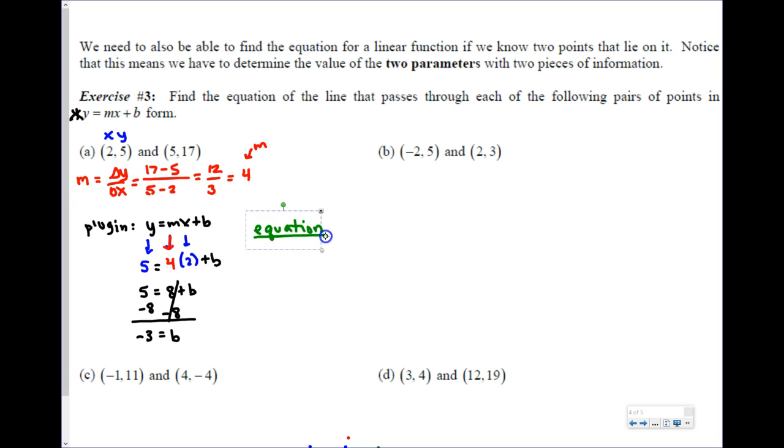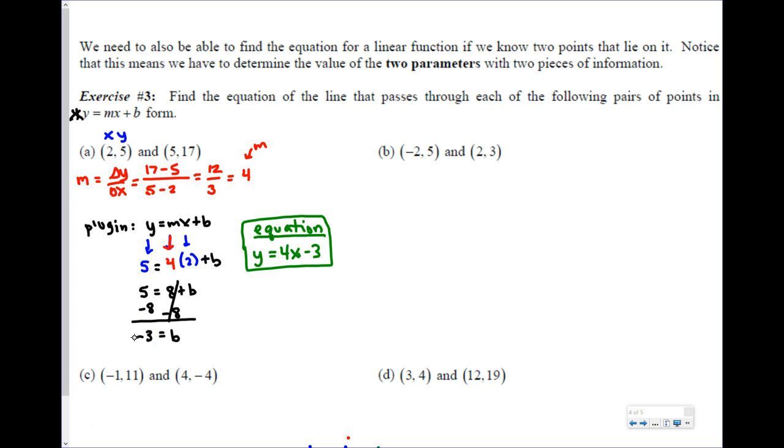So my equation is y equals, m is 4, x plus, now I don't want to put plus negative 3, so I'm just going to take away that plus and put minus 3. So this is my solution. Y equals 4x minus 3. 4 I got from the slope being m, and negative 3 I got when I solved for b.